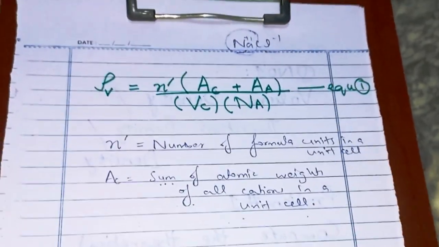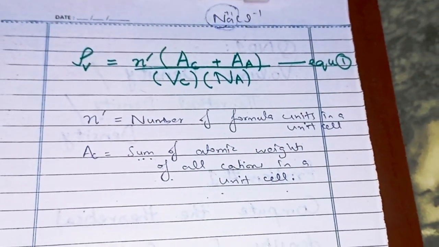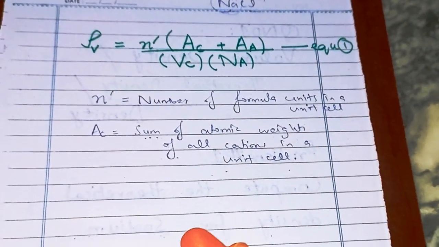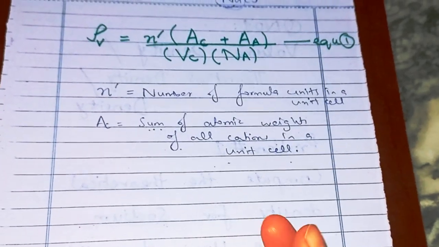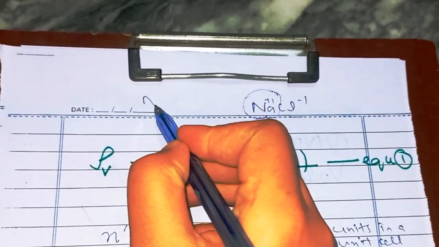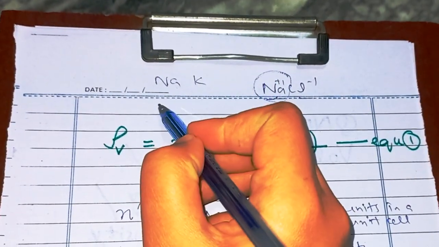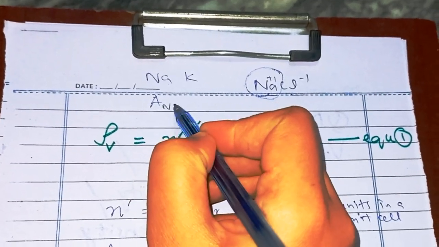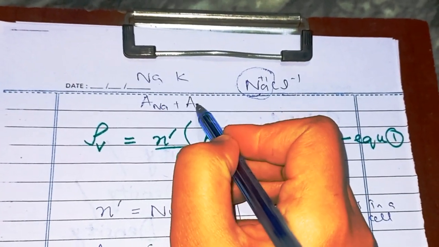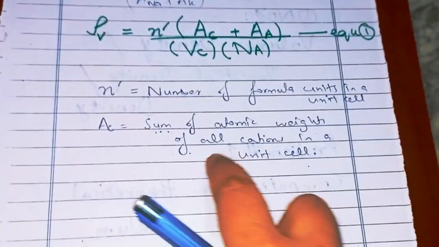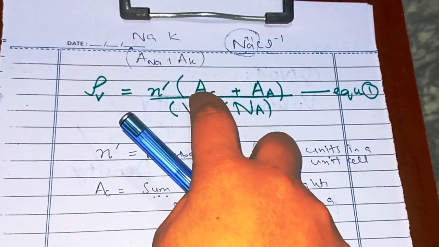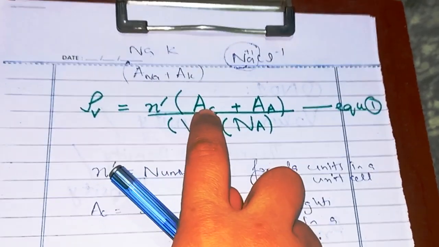And if we have two different kinds of cations, you have to sum up the atomic weights of those two cations. For example, if it's sodium and potassium, then the atomic weight of sodium plus the atomic weight of potassium will be the net sum of cations.